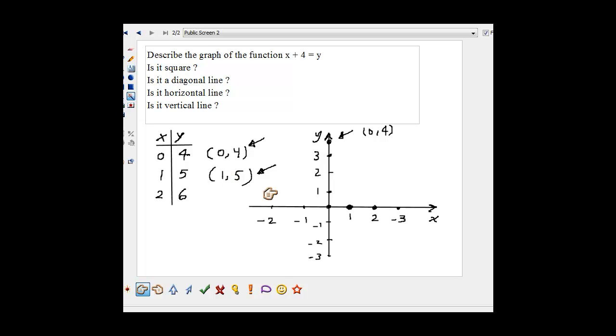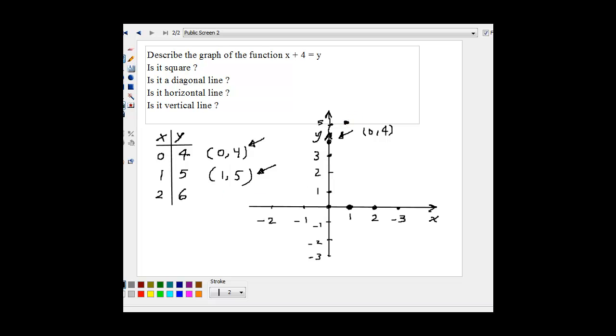So how many units do we have to move up? 5. Very good. So if I move up 5 units, I need to extend this line. Okay, so this would be 5. So 1 and 5 would be right there, somewhere around here.